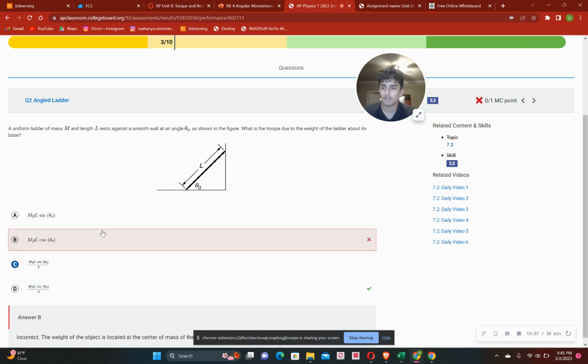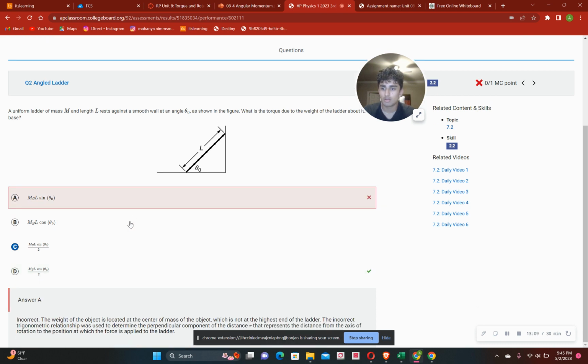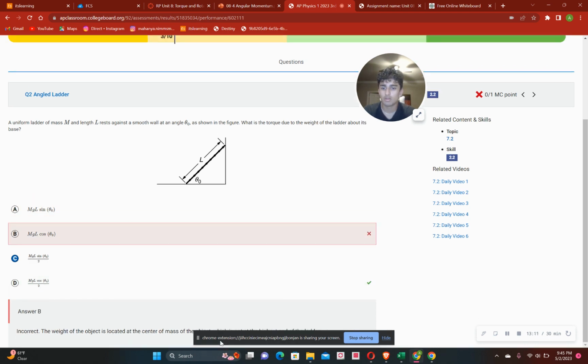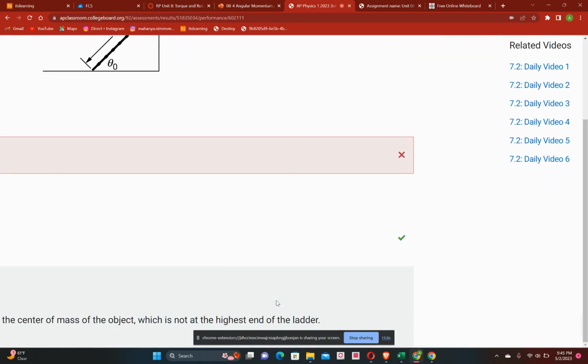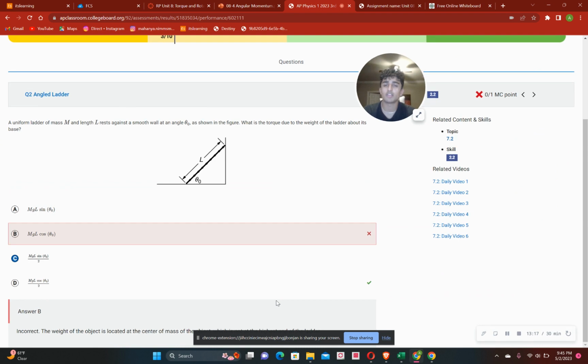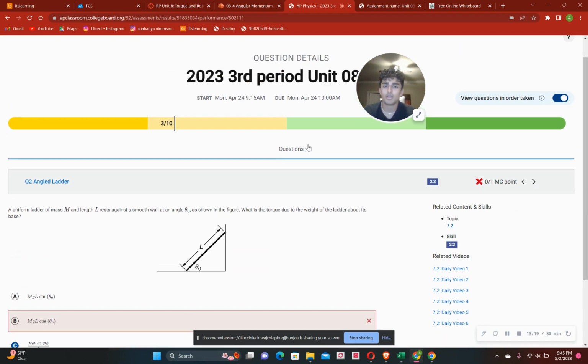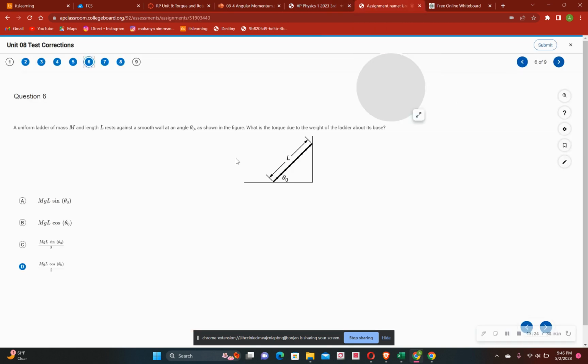Sorry, I'm just trying to figure it out. Okay, so I don't know why it's over 2. But yeah, I know that it has to do with mgL cosine theta. That's what I got out of it.